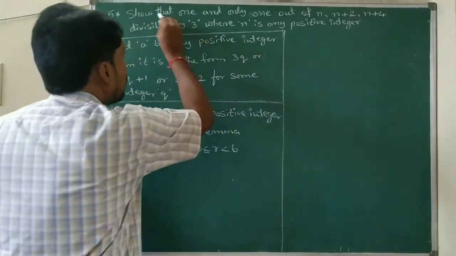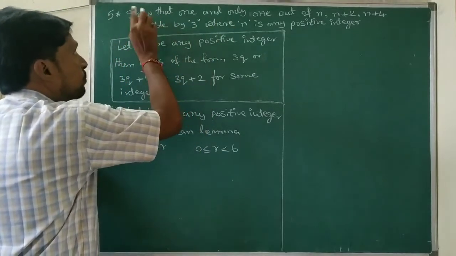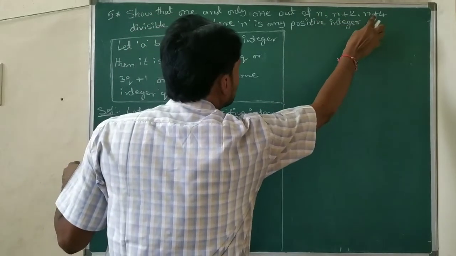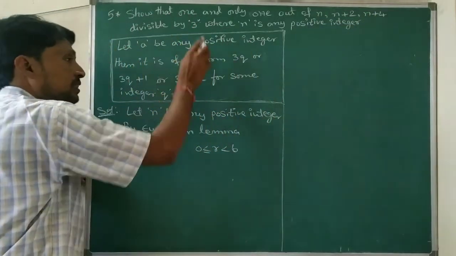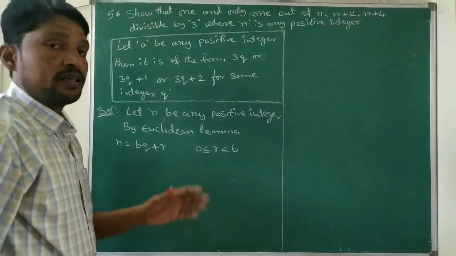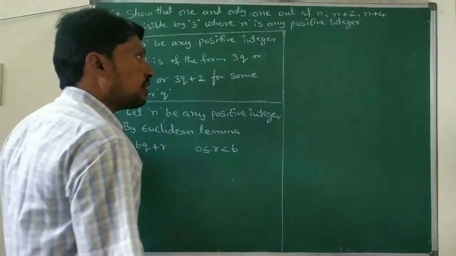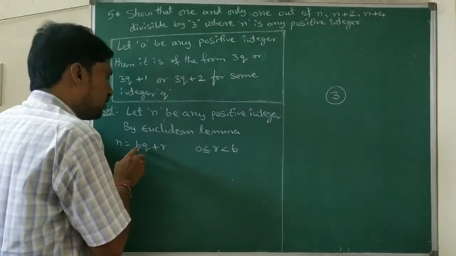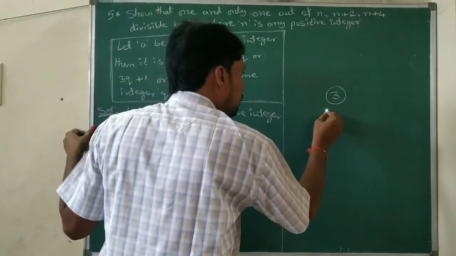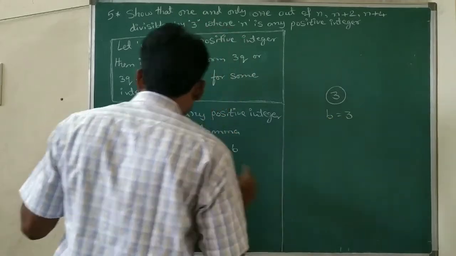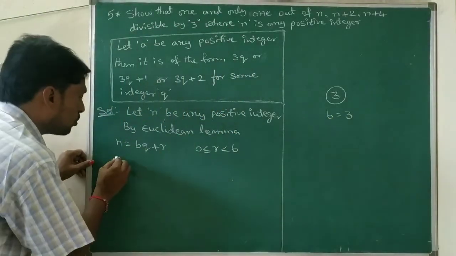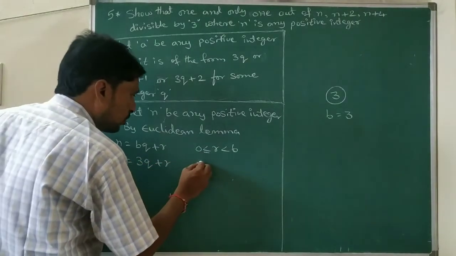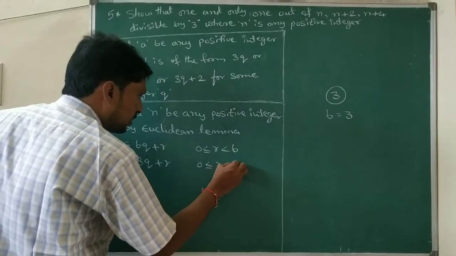Given problem: divisible by 3 means the divisor is 3. In the Euclidean division lemma, b equal to 3 only. So instead of b we take 3. So n equal to 3q plus r, where 0 less than or equal to r less than 3.